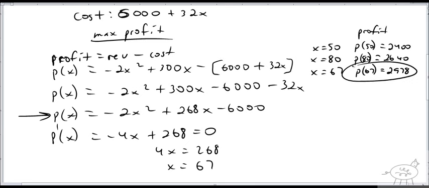So definitely we have the maximum value at 67. So our answer to this question is 67 people go on the tour to maximize profit.